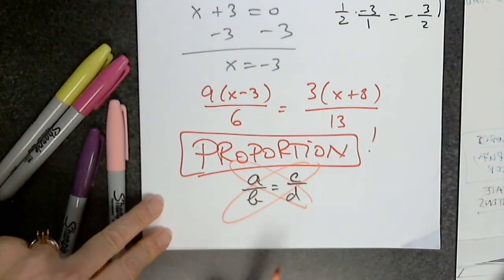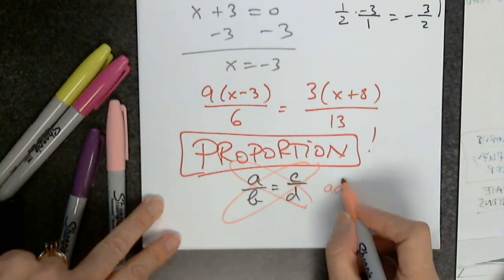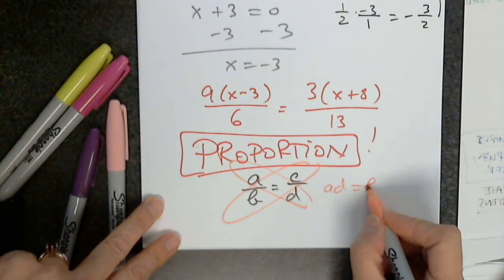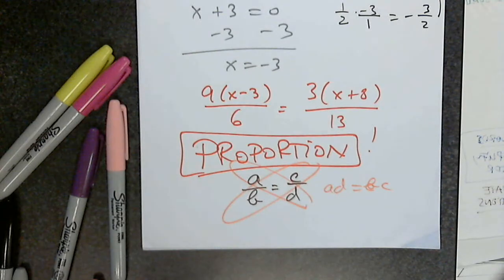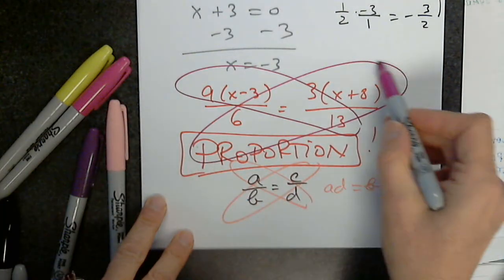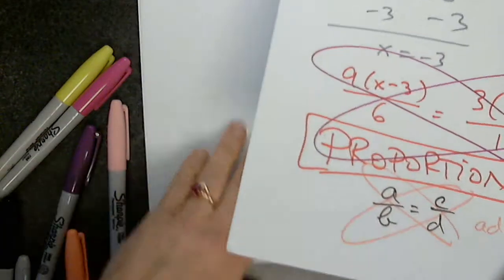So here's what I do in a proportion, but only if it's a proportion: AD equals BC. This is a proportion, so I am going to cross multiply. Let's write it together slowly.